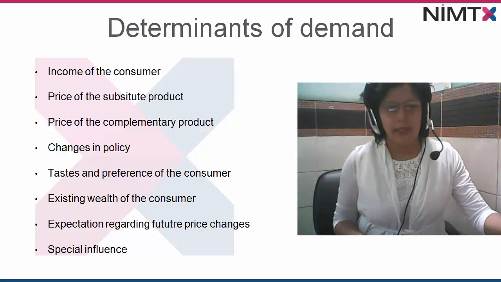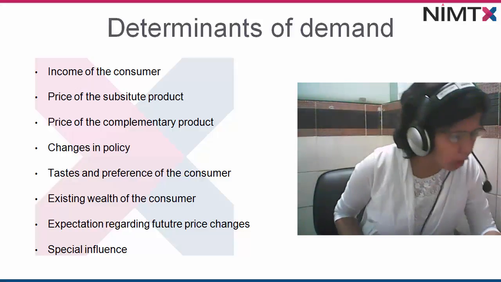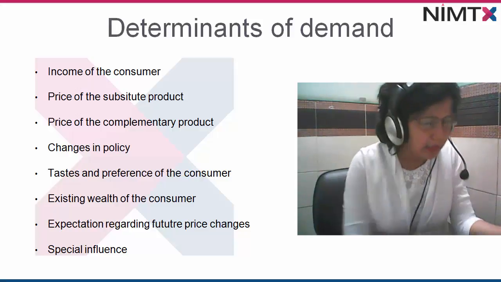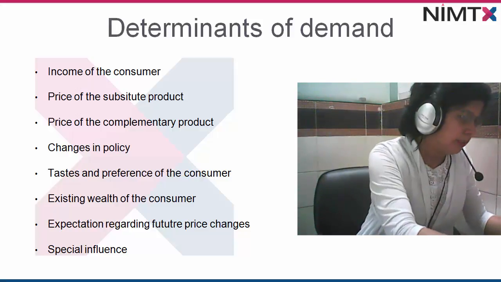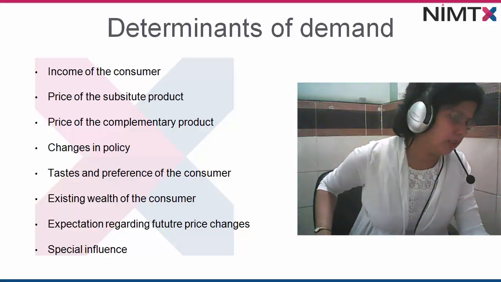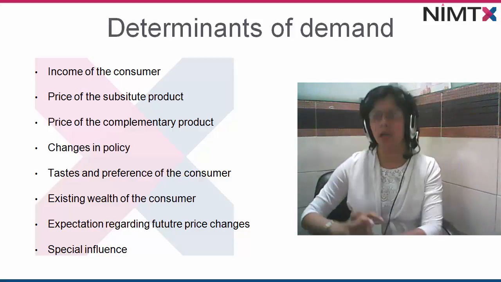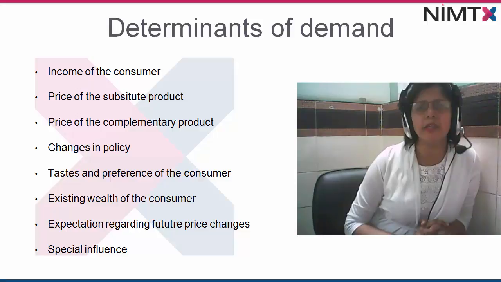The next one is price of the complementary product. Complementary products are the products that are consumed together. For example, in our car, without petrol it is very difficult for us to run our car.